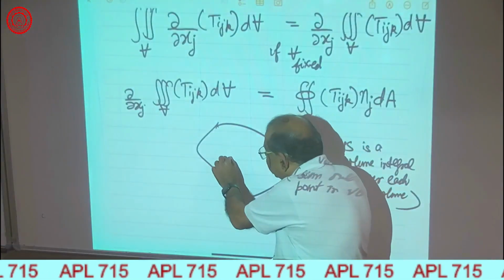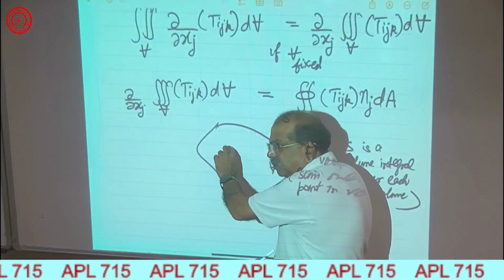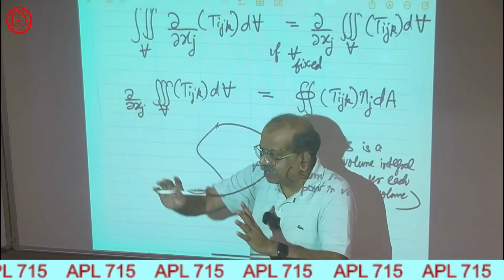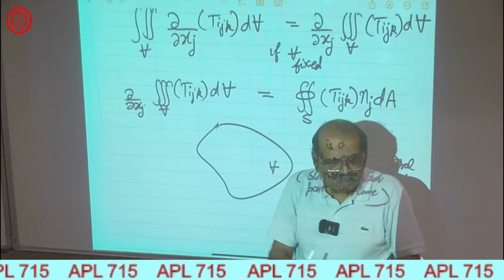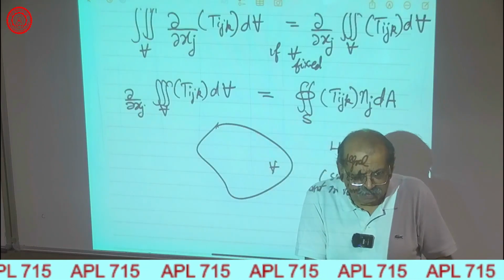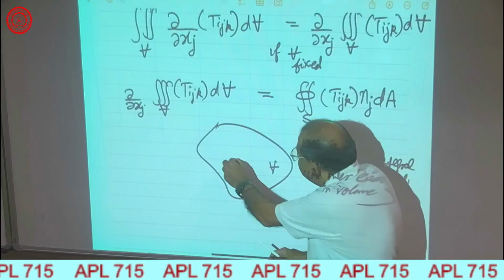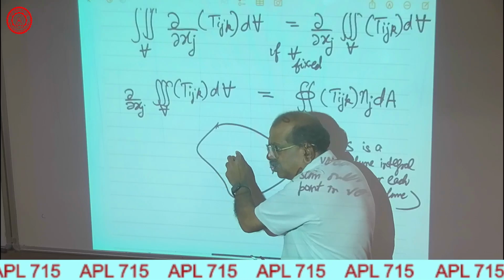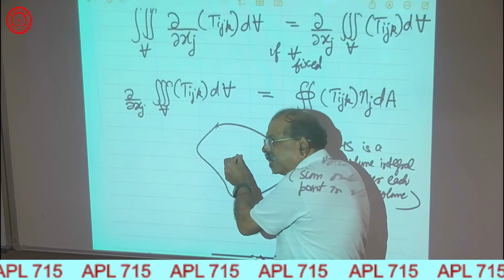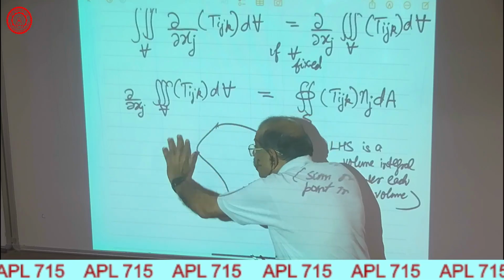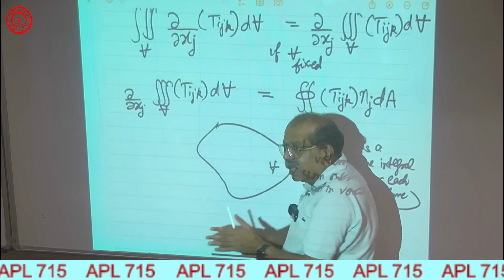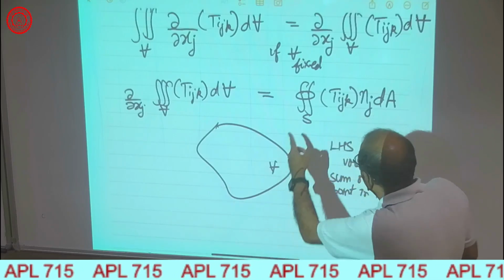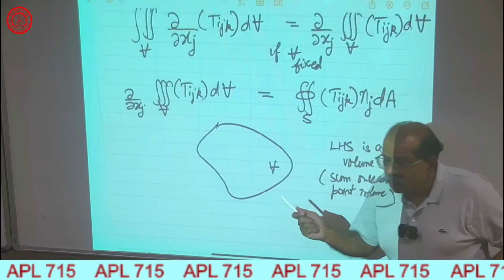Whatever is the integrand, you calculate at a point, multiply it by the volume, add it up over the entire volume. That is what an integral is, summation. So when you say integral dv, I choose a small point, choose a small volume dv around it, whatever is the integrand, multiplied by dv, and then do it for the entire volume including the surface, add up everything, that is the volume integral. But what it tells me is, this is equal to the surface integral.